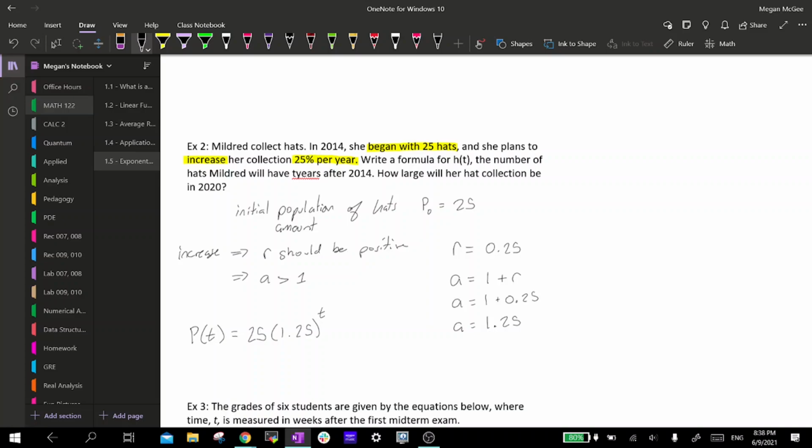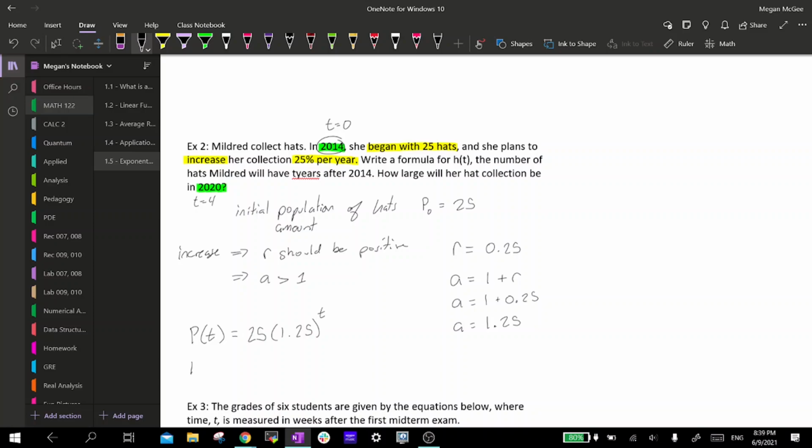The final part of our problem asks, how large will her hat collection be in 2020? She started in 2014, so technically that's when t was equal to 0. That was our initial time. If we want to know her hat collection in 2020, that is 4 years later, so t is equal to 4.